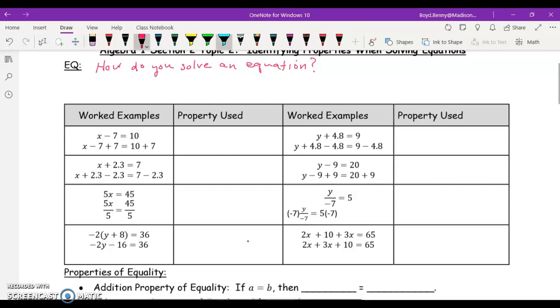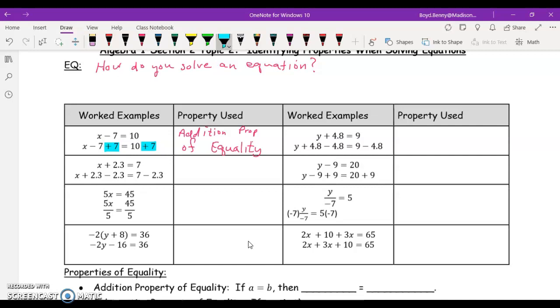So the way we do this is first of all, we want to analyze what is being done to both sides of this equation to solve it. Well, when I look at this first example, I notice that here they're adding 7 to both sides. So that would tell me that we're using the addition property of equality because I added to both sides to solve the equation.